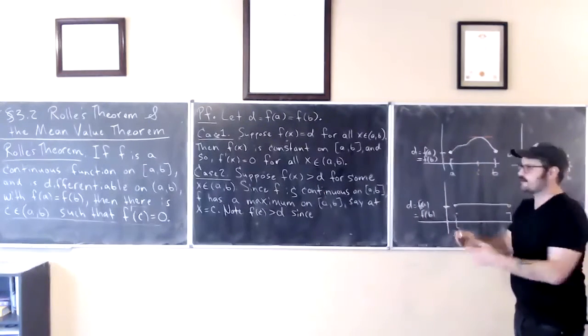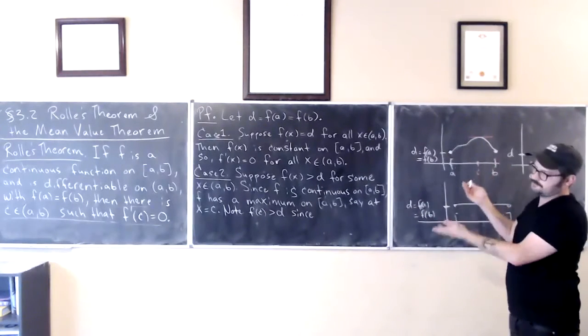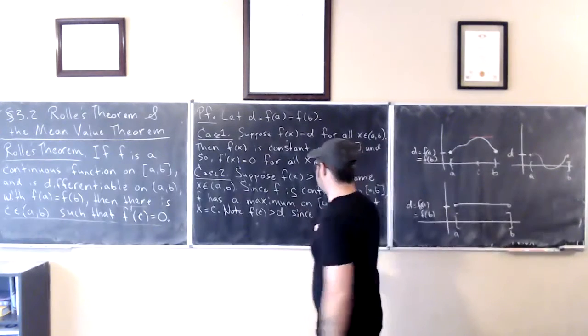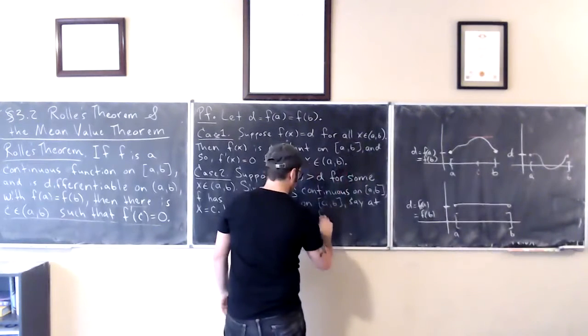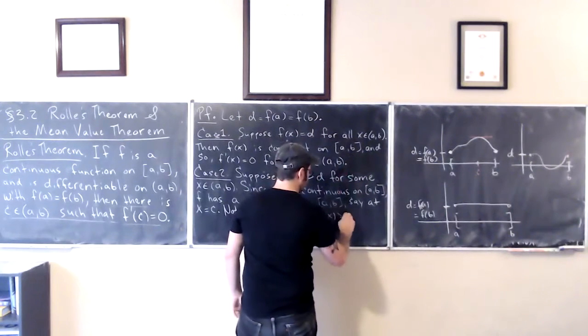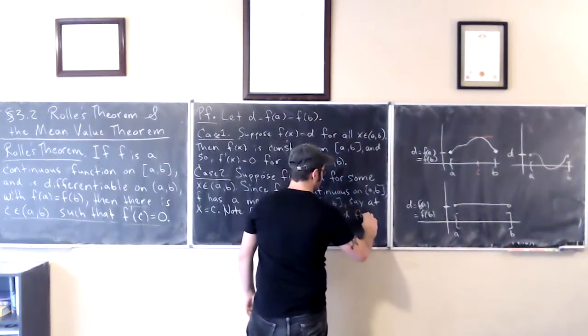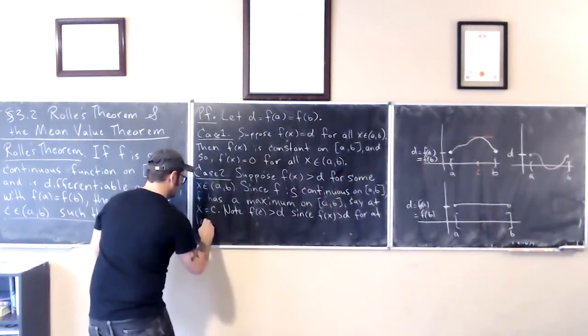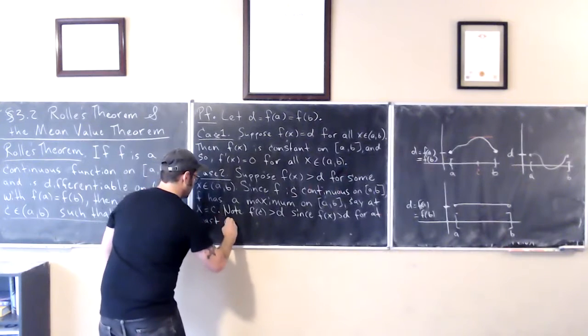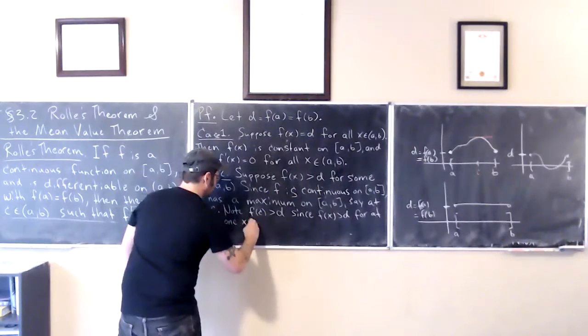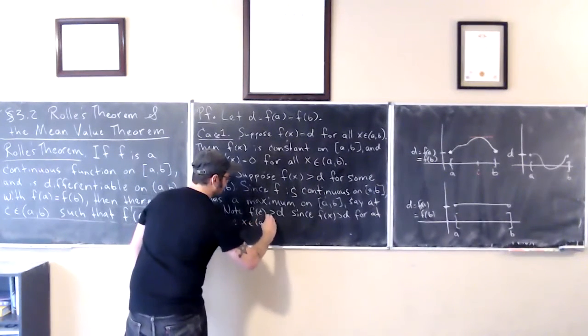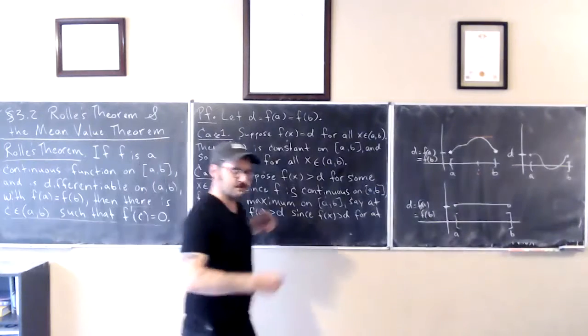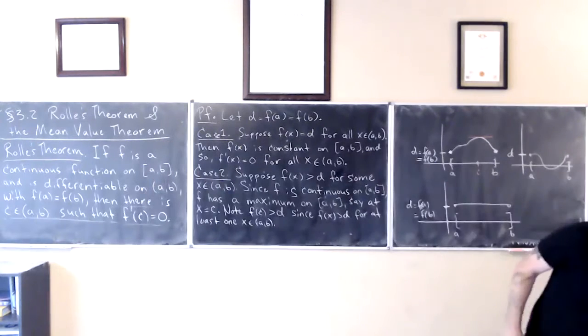So if you're going to have a maximum in that interval, it has to be bigger than d as well. So I can say since f of x is greater than d for at least one x in that interval, we know the maximum is going to be greater than or equal to f at that x.